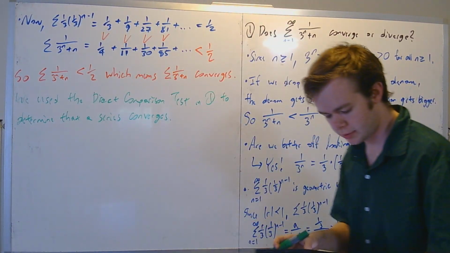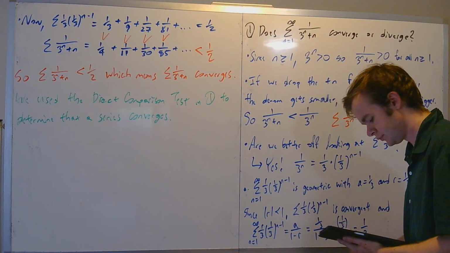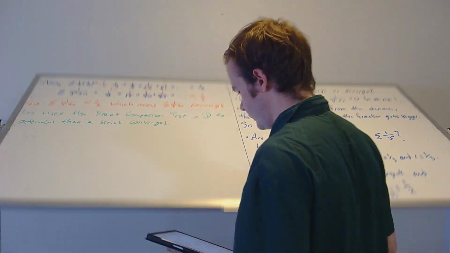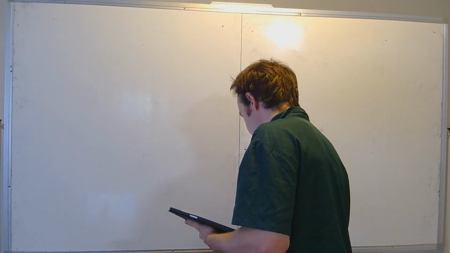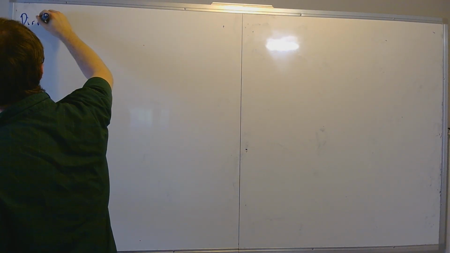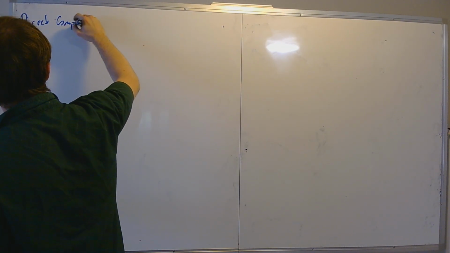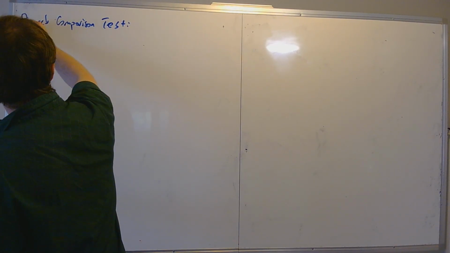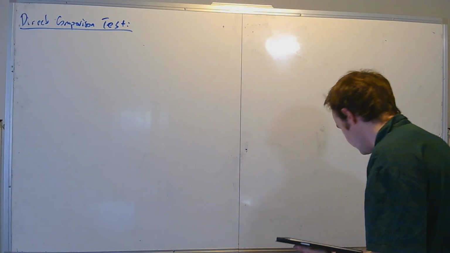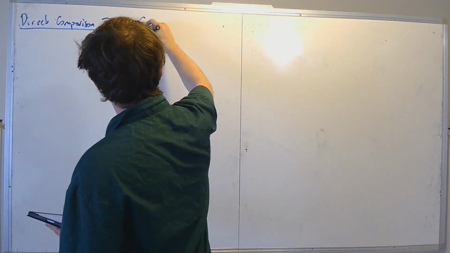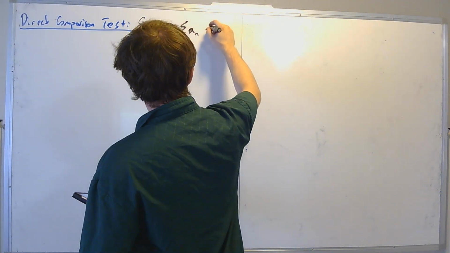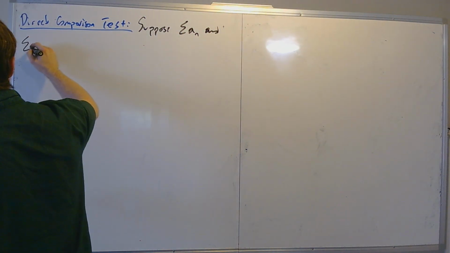Right, so let's actually write down the direct comparison test. Let me just use a new board here. So the direct comparison test. Okay. So what it says is, suppose the sum of an and the sum of bn, right?